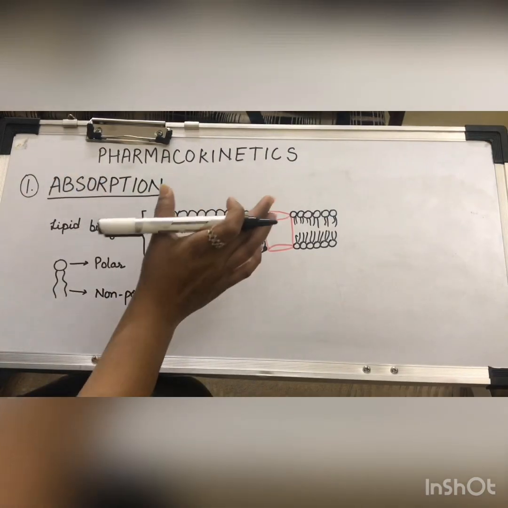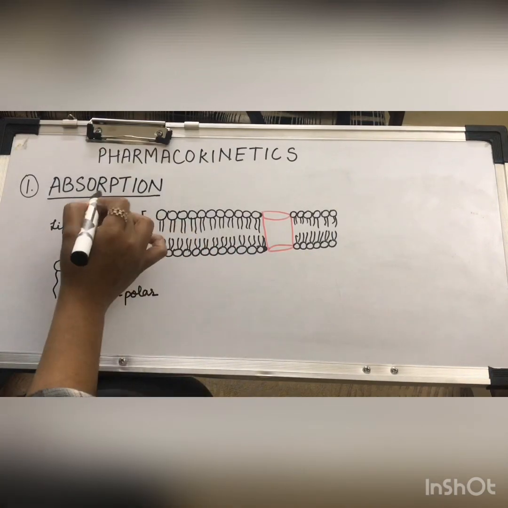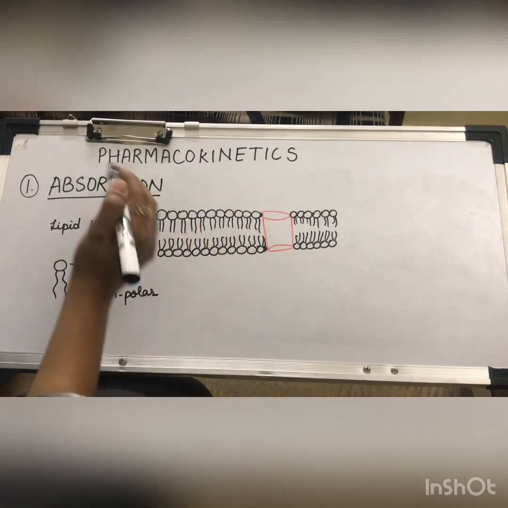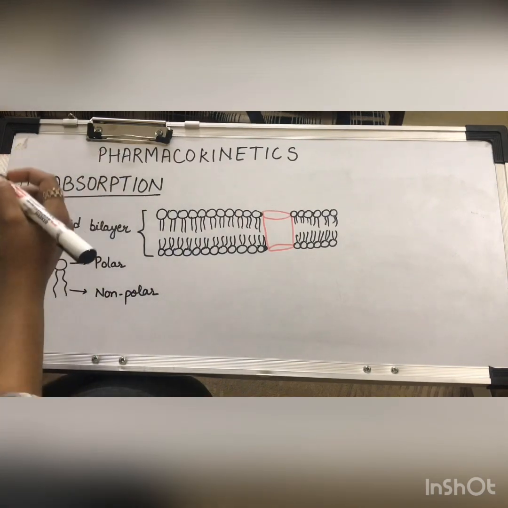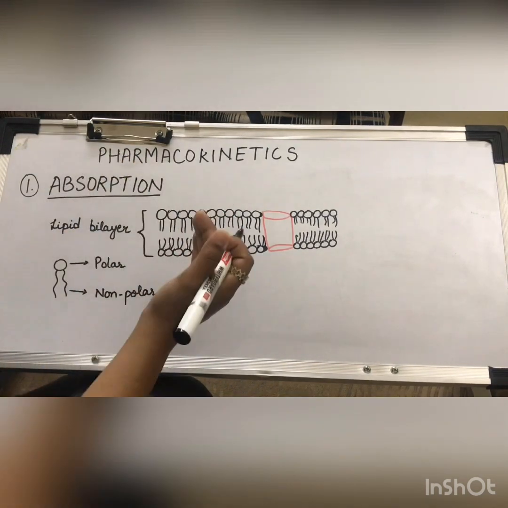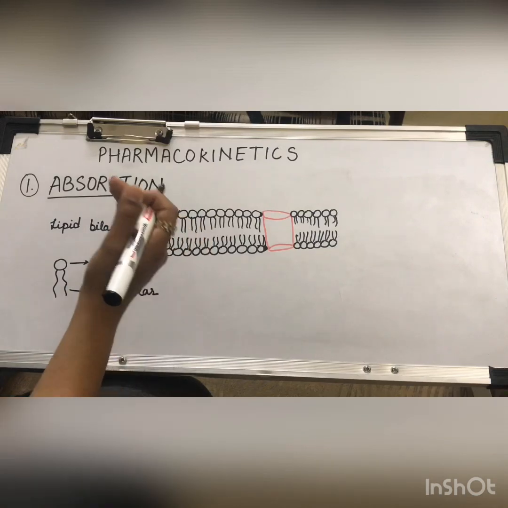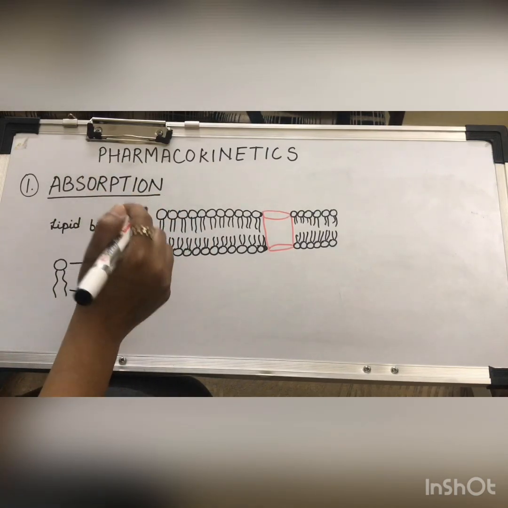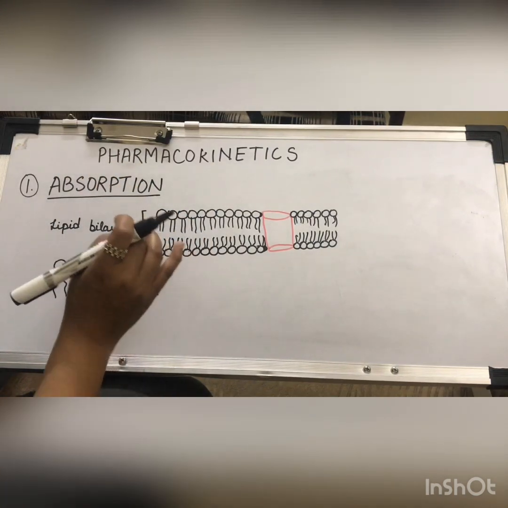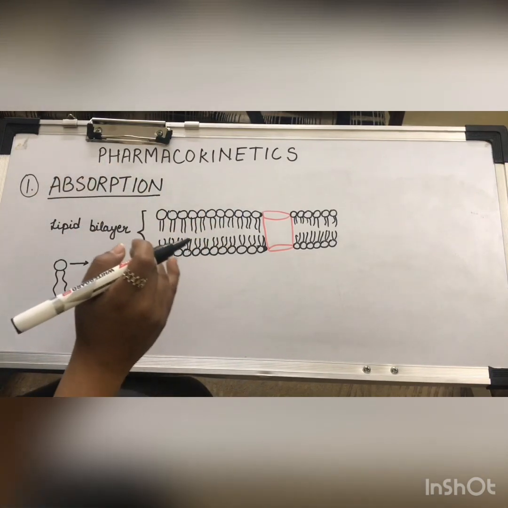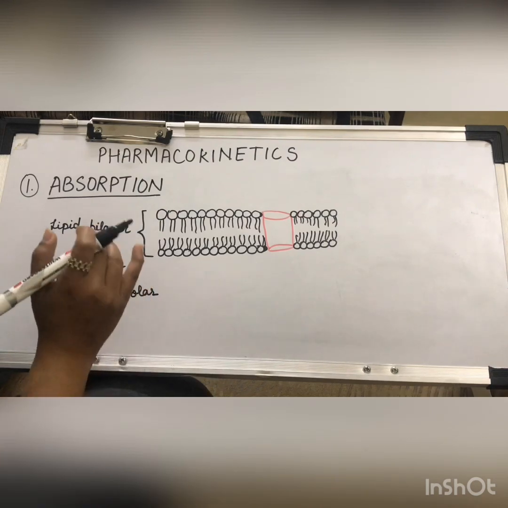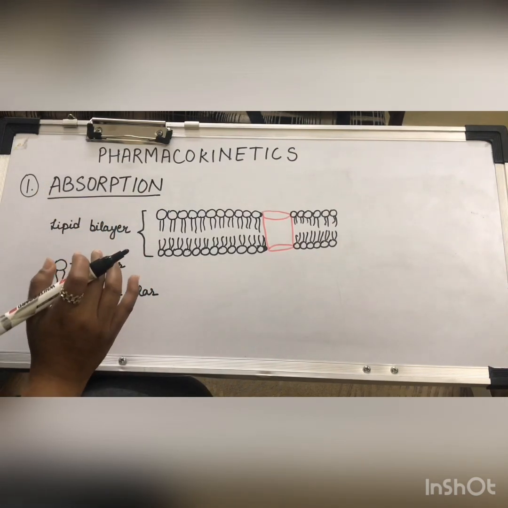So the first part of pharmacokinetics is absorption. Absorption, as we discussed, is that when we take any drug, it gets released from its dosage form and enters into the systemic circulation or the blood circulation, so that it can be carried to different parts of the body and to the site of action.